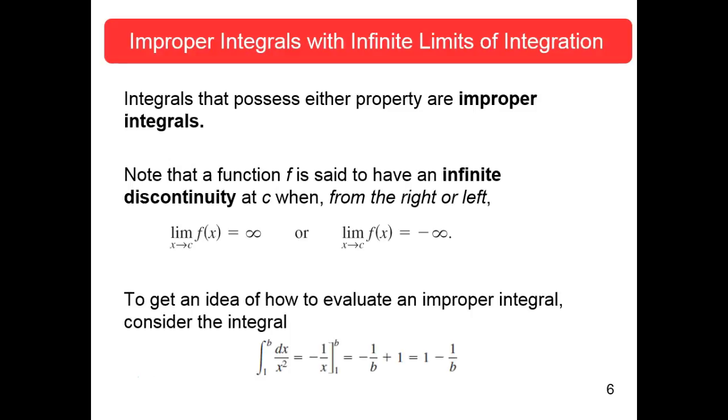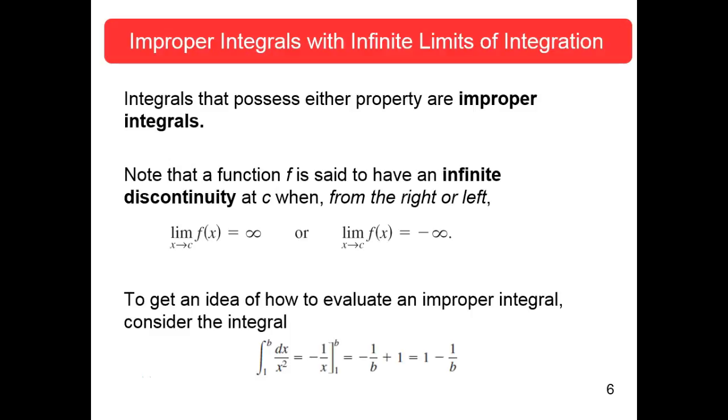To get an idea of how to evaluate an improper integral, here's what they usually do. So for instance, the integral from 1 to b of dx over x squared. Well, we know how to do this, okay? As long as x is not 0. If x is 0, all bets are off.